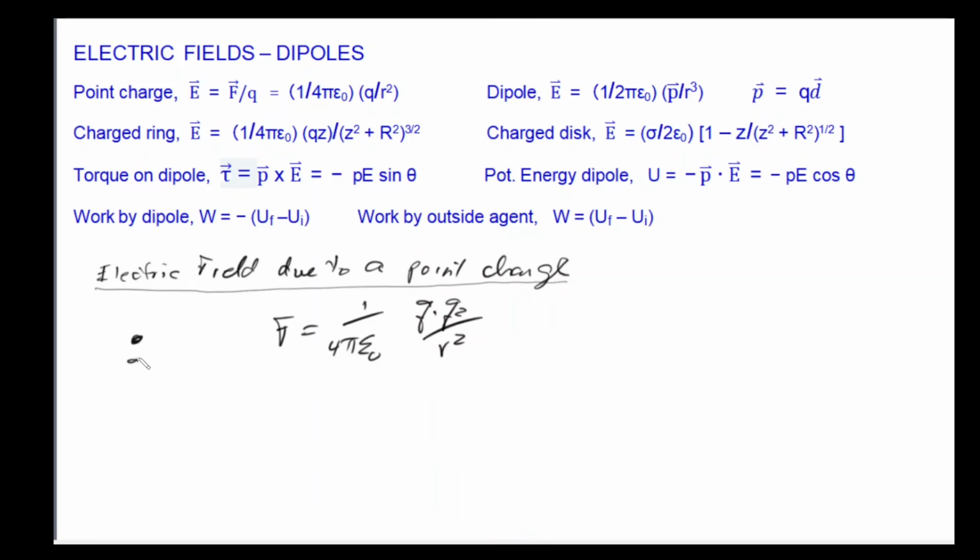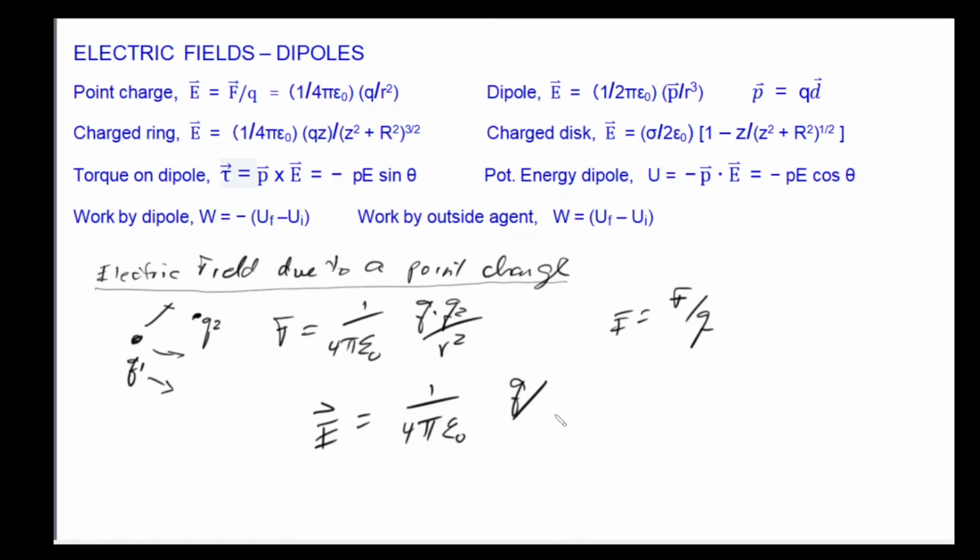So if we consider this to be Q1, and the field is radiating out from that, and we have a second charge here, Q2, what is the field at Q2? Well, we also know that E is equal to force over Q. So if we combine and rearrange this, we find the electric field of a point charge is equal to 1 over 4 pi epsilon sub 0 times Q over R squared.